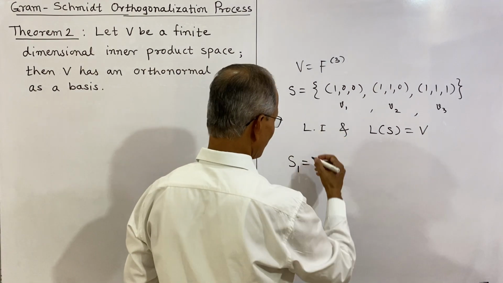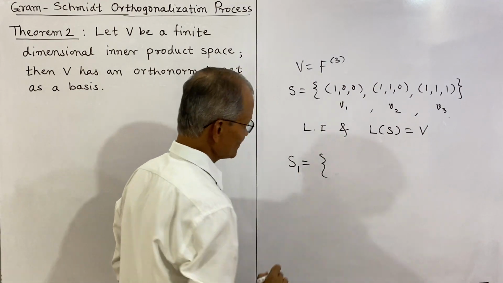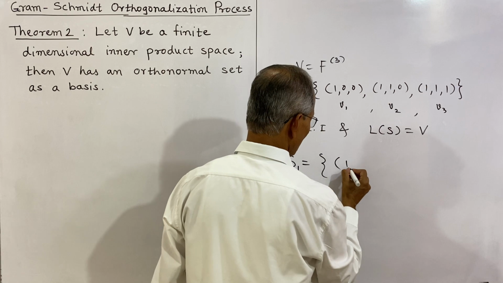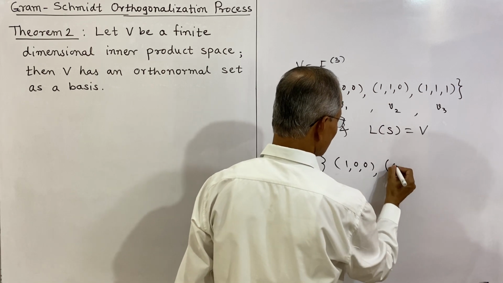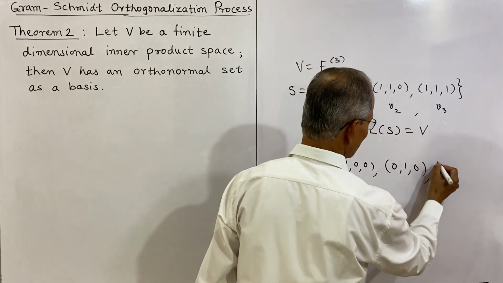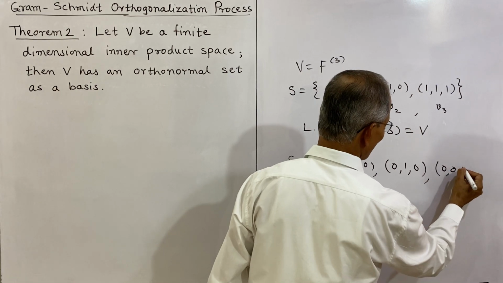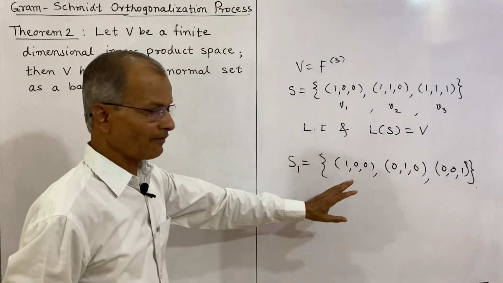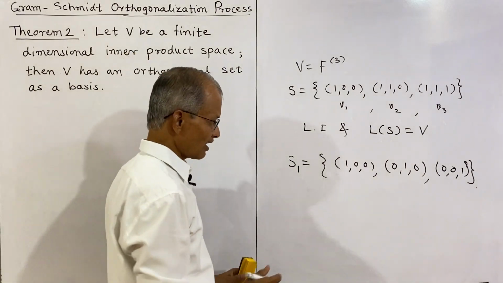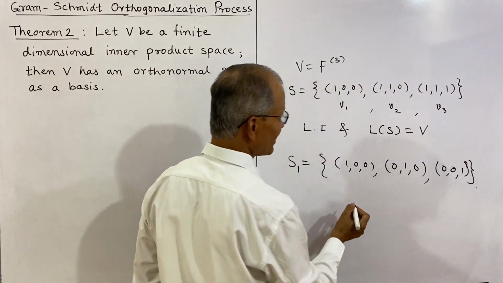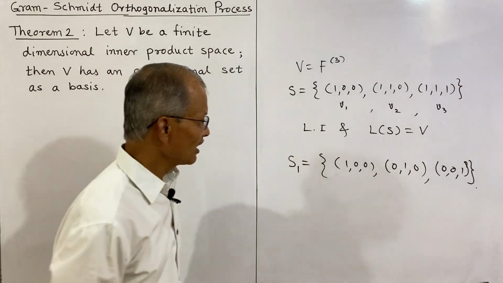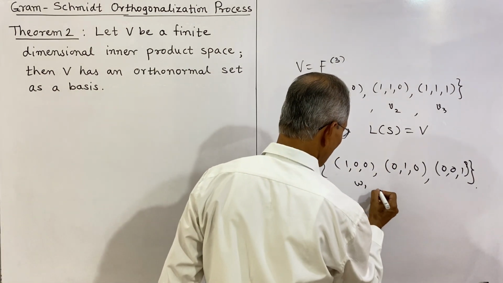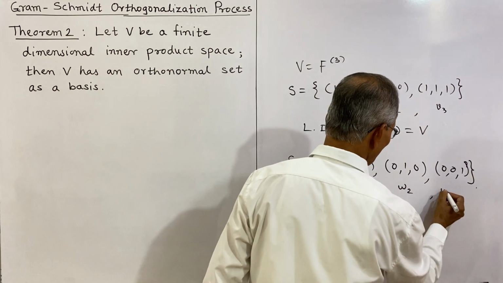Now, we shall consider the basis (1, 0, 0), (0, 1, 0) and (0, 0, 1). The vectors in this basis are linearly independent as well as orthonormal, and we denote them by W1, W2, W3.